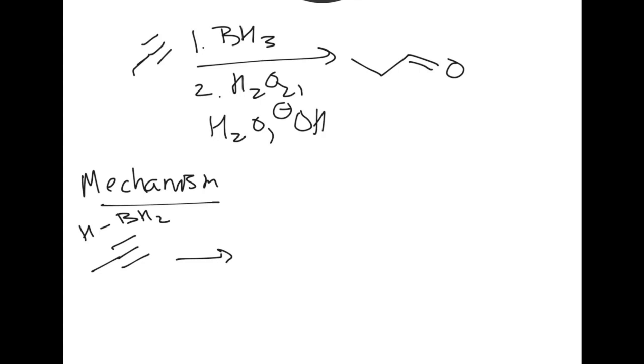So boron always has an empty orbital that you can put electrons in. So your alkyne, the pi bond electrons will attack the boron and fill that empty orbital. And then the electrons from the boron-hydrogen bond will come down and make a bond with your carbon. So that gets you to BH2 and a hydrogen.